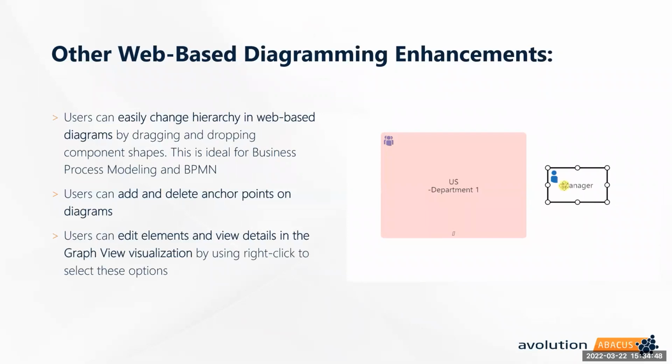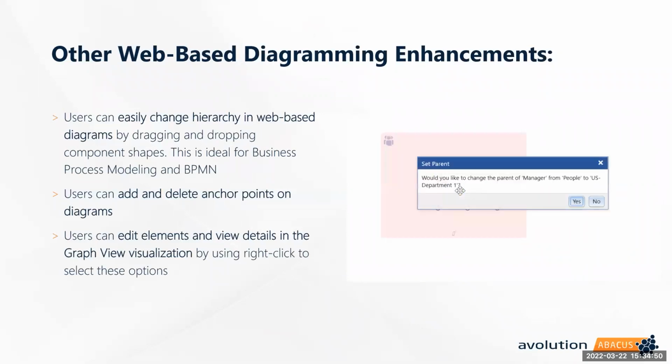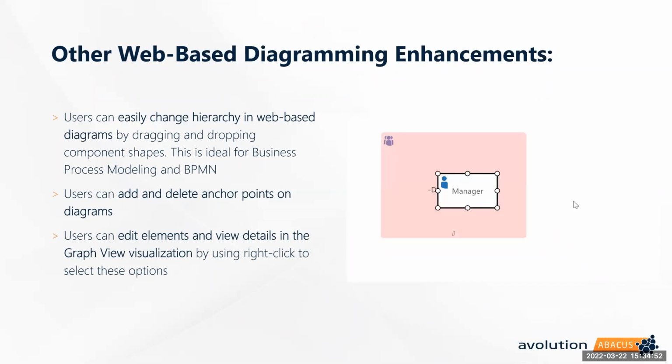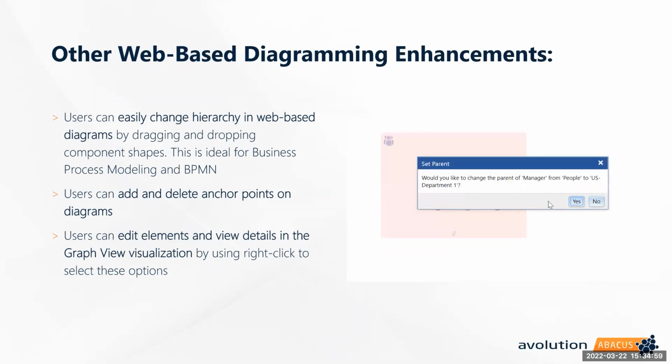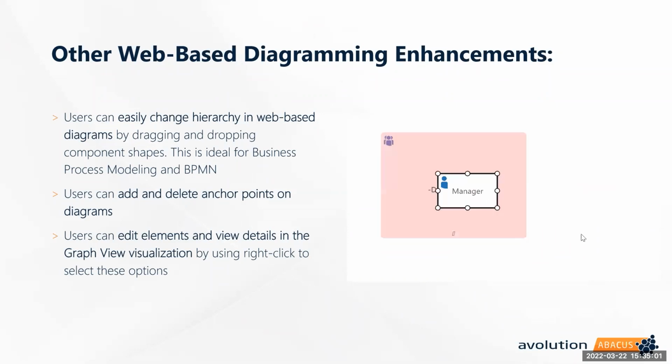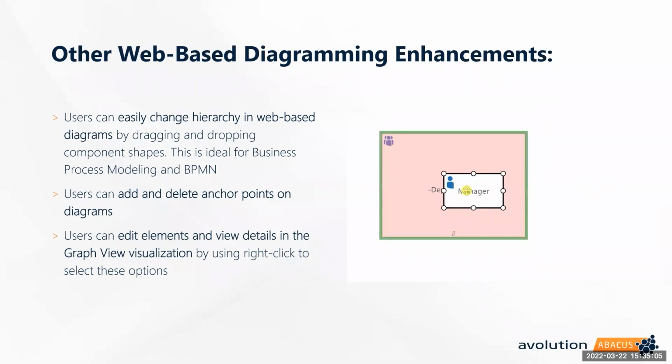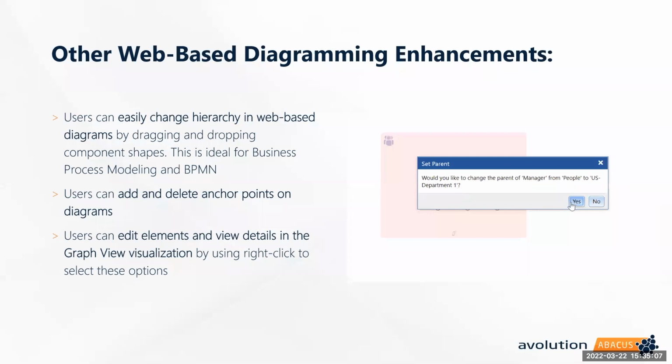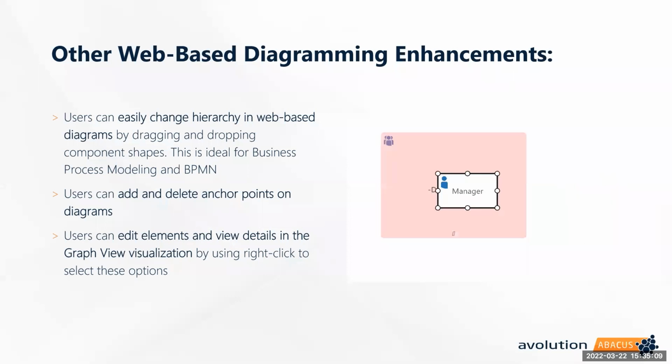But finally there as well was the ability to actually use ABACUS Enterprise as almost like a whiteboarding environment. So this is a critical part of ABACUS Enterprise. Not only will users have access to the data, not only will they be able to change the attributes, but they can actually start drawing things directly in ABACUS Enterprise as well. So imagine this embedded in Teams.